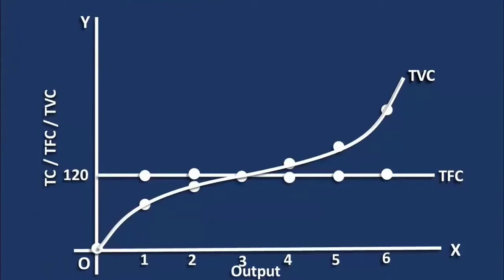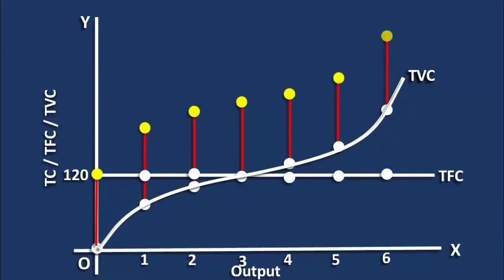Now let us see the relation between TVC, TFC and TC. As we have already derived the TFC and TVC curves, let us see how the relation is established between TC, TVC and TFC. The vertical addition of the two cost curves, that is TFC and TVC, gives the TC curve.